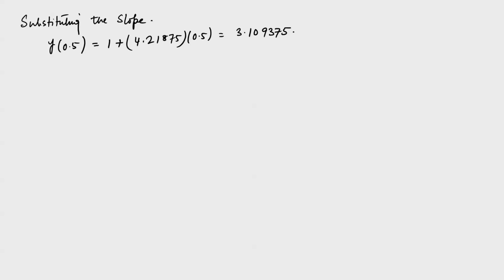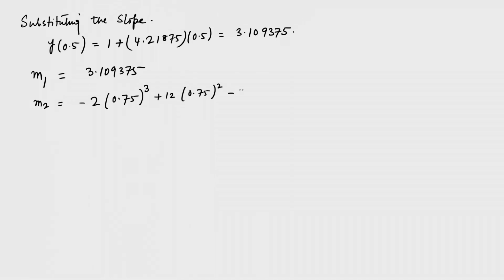So, we got the value of y, the solution at the end of the first interval, as 3.109375. Now, we will take this value at the beginning of the interval, so that is now the m1 for the next interval. So, m1 would be 3.109375. Now, we will have to calculate m2. m2 is again at the middle point of the next interval, which is between 0.5 and 1. So, we have to take 0.75 and then calculate this here.